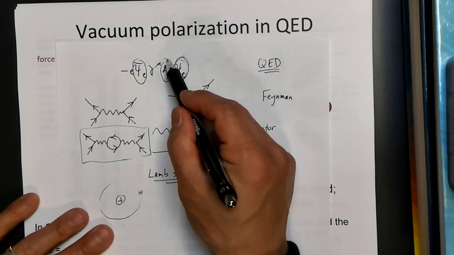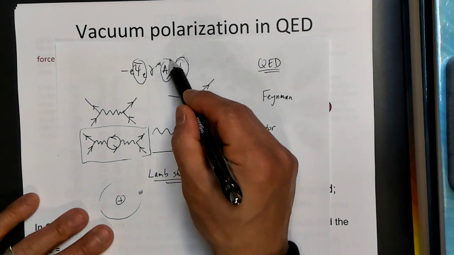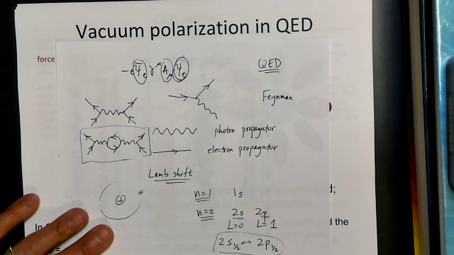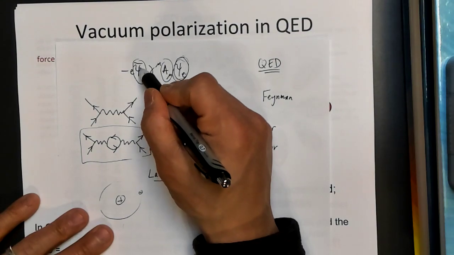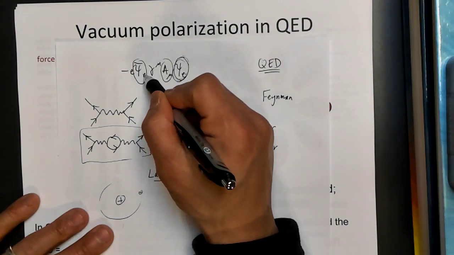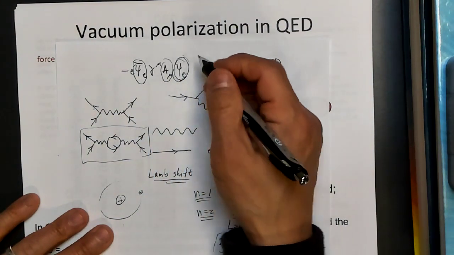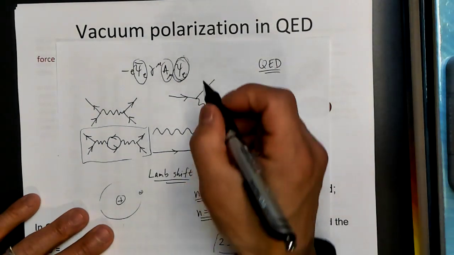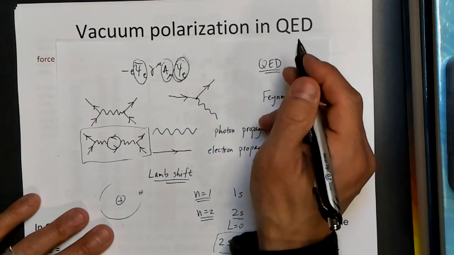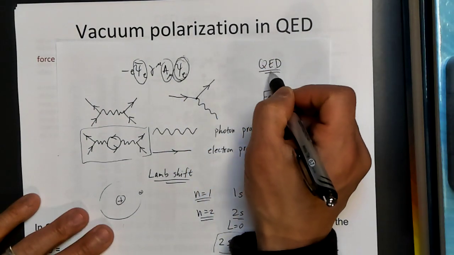And A mu has creation operators for the photon, so it can spit out a photon. It also has creation operators from psi e for the electron, so that would create an electron. So this is the vertex operator for quantum electrodynamics.